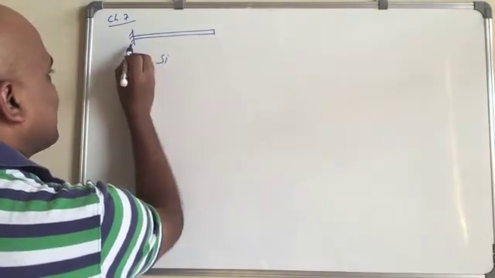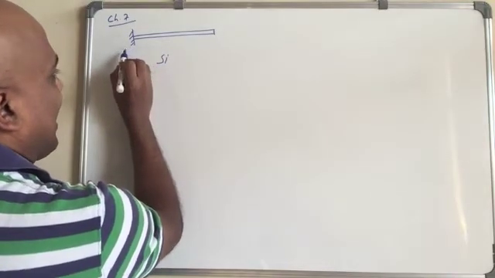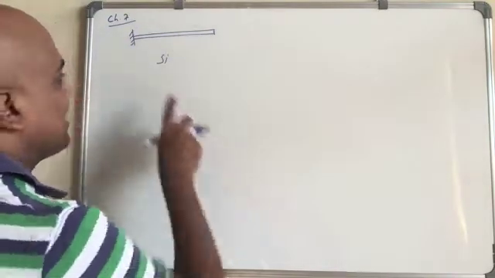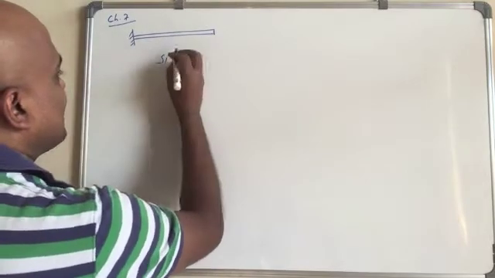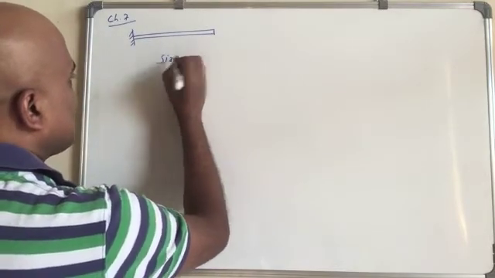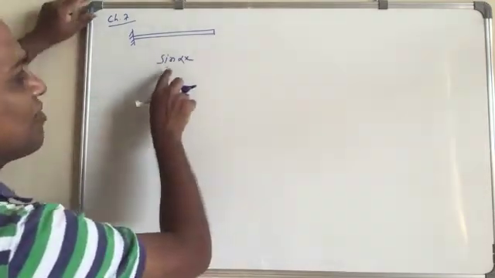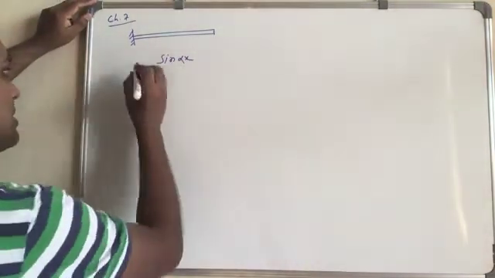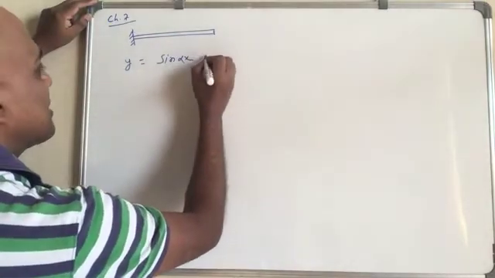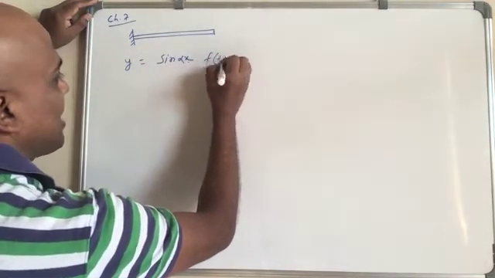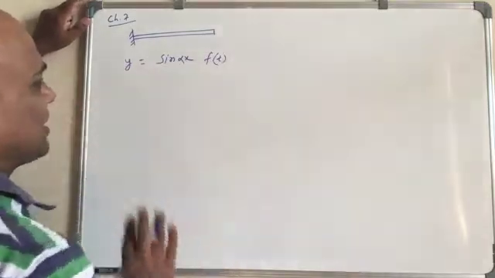Since at x equal to 0 the y has to satisfy this boundary condition, sine alpha x is the form of y, multiplied by some function of time. It will be something like this.